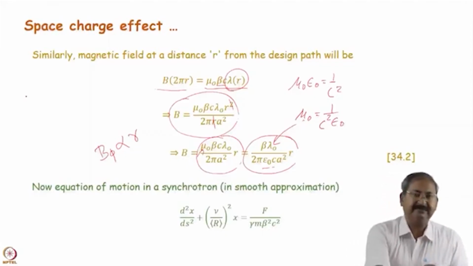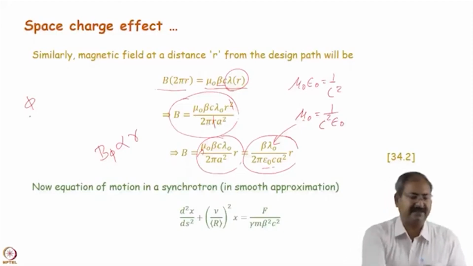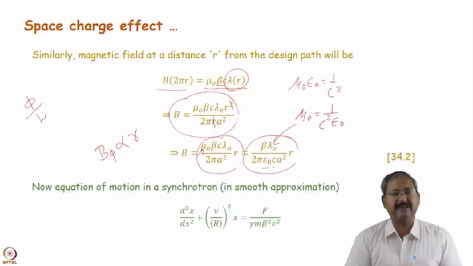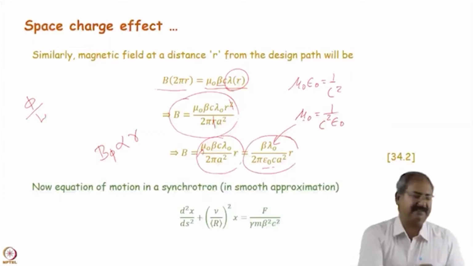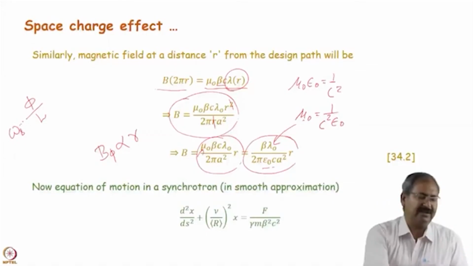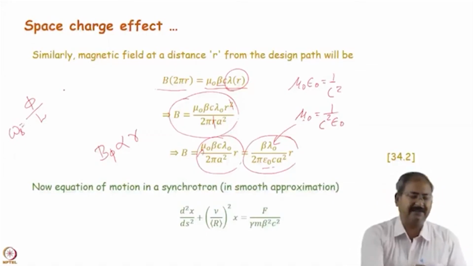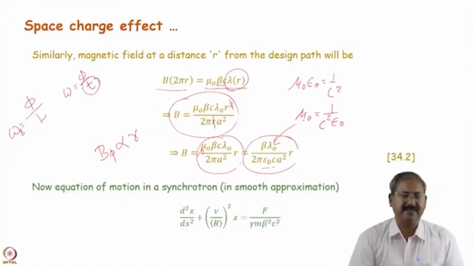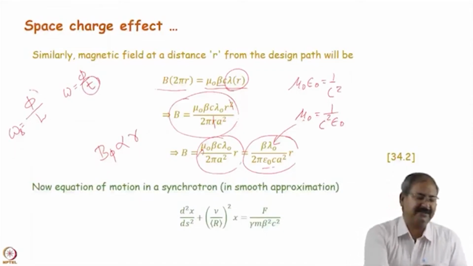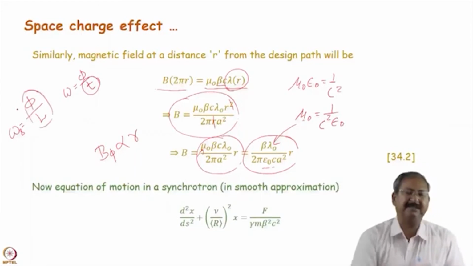We have in one complete turn the frequency as phi by L. Means what is the frequency? As in a simple harmonic oscillator, we have frequency as phi by t. So here instead of t, we use s. Our frequency is denoted in length rather than time. So our frequency will be phi by L rather than phi by t.